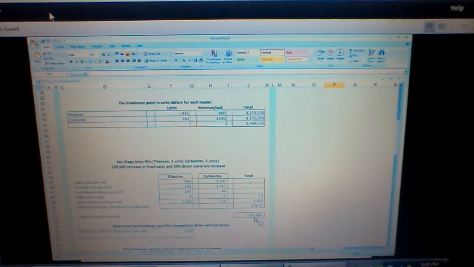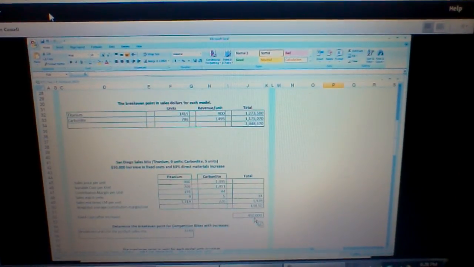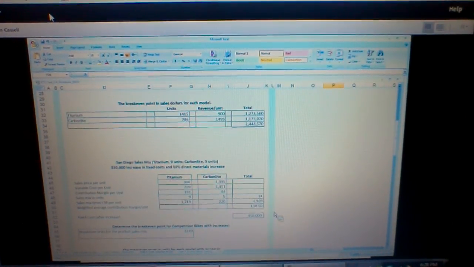So we're no longer break even. So what do we have to do to get our total contribution margin dollars back up to 450? It's a very simple response, and it has nothing to do with contribution margin. Okay. And then the last paragraph, you just need to talk about the break even.